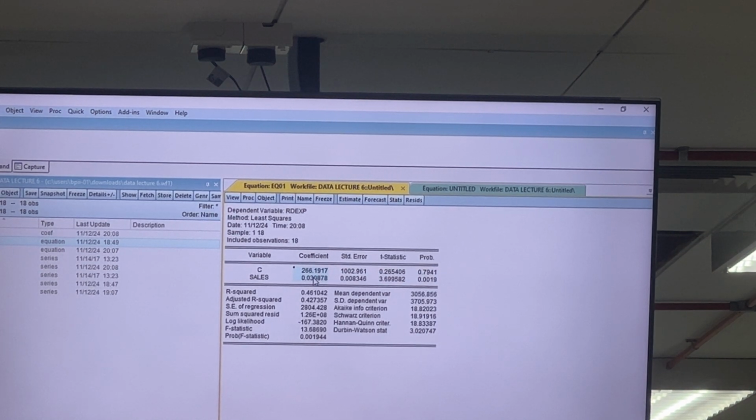We can use this estimate, the estimate of 0.03, the estimate of the slope coefficient. So you can say that when sales increase by 1 unit, $1 for example, expenditure on R&D increases by 3 cents, 0.03. You can use this estimation result for interpretation, but we are not able to rely on the standard errors because they make the estimate of the reliability incorrect.